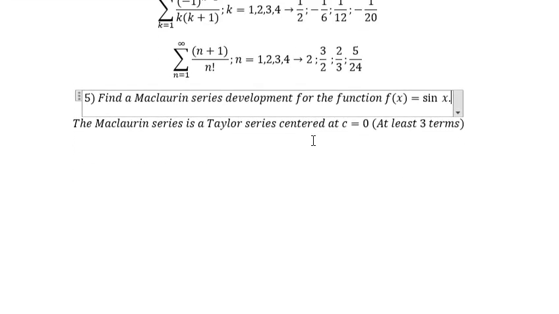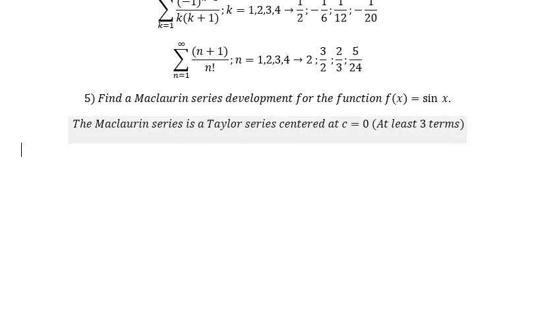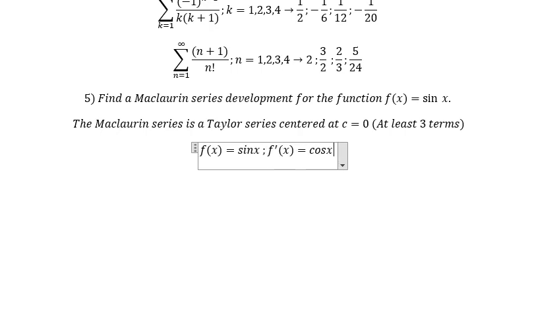And the last one, find a Maclaurin series for the function sin x at c equals 0, where we need at least 3 terms in here. So the first thing we need to do is find the derivatives of the function.